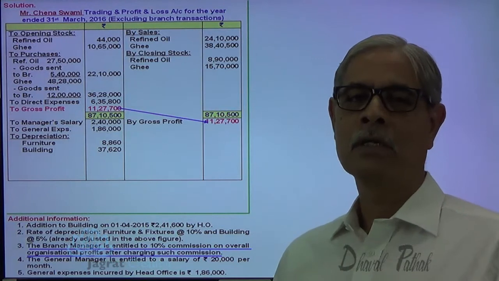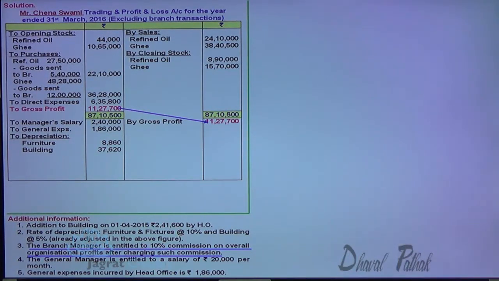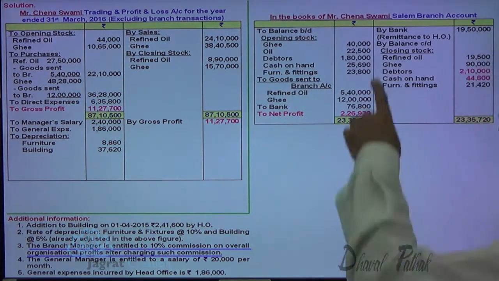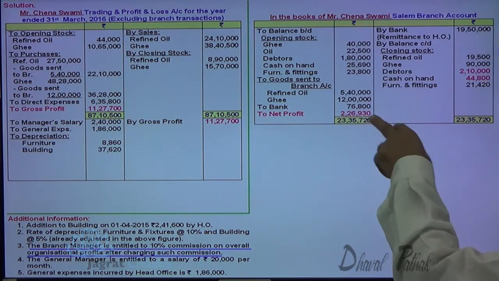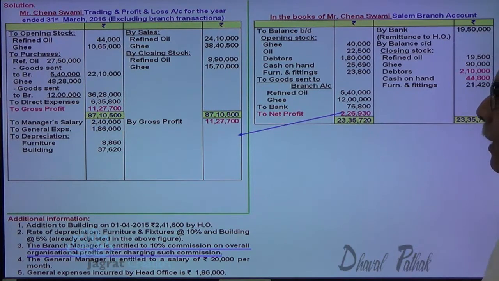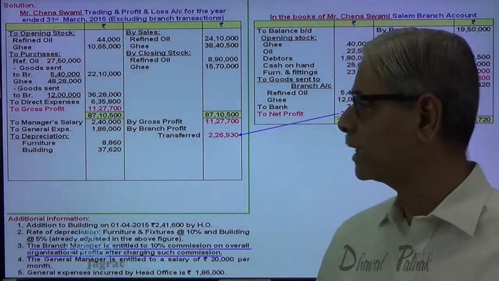Now, I'll just bring the branch account that I have already prepared because I want to credit the profit of branch to this profit and loss account. So this branch account is brought here, which is already prepared and explained to you. So this 2,26,930 will be credited to this profit and loss account. That is branch profit transferred to profit and loss account.